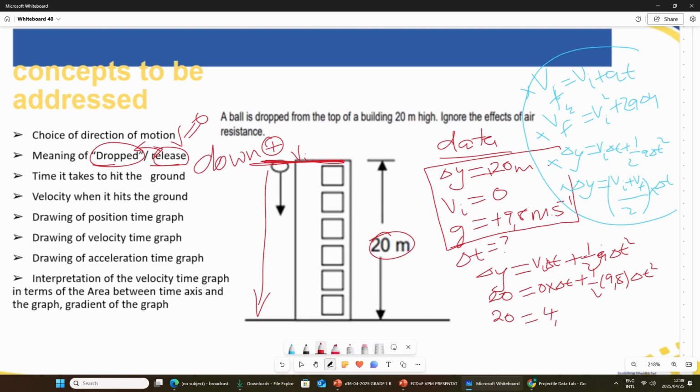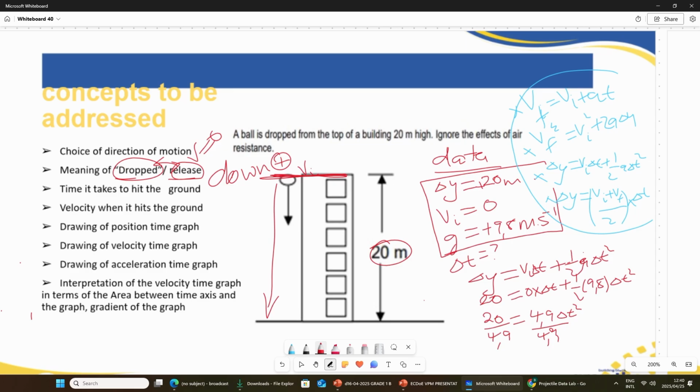So half times 9.8 gives us 4.9 delta t squared. Then we divide both sides by 4.9. Dividing 20 by 4.9, we get delta t squared equal to 4.08. Then taking the square root, our final answer is delta t equal to 2.08 seconds. So that is the time.